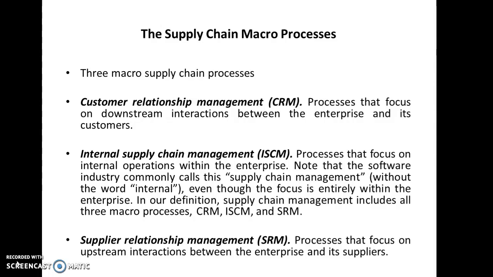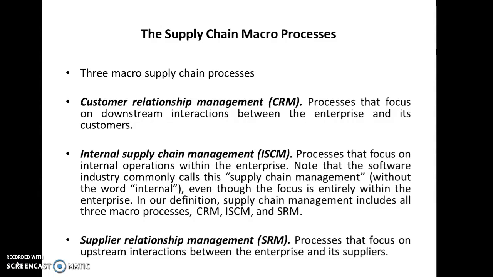So, this ISCM will deal with the transactions that take place within the enterprise, mostly in a manufacturer, or the firm may get the products from a third party and it may sell to different customers also. So the ISCM will deal with the internal transactions. So in our definition, supply chain management includes all three macro processes: CRM, ISCM, and the last one is SRM.